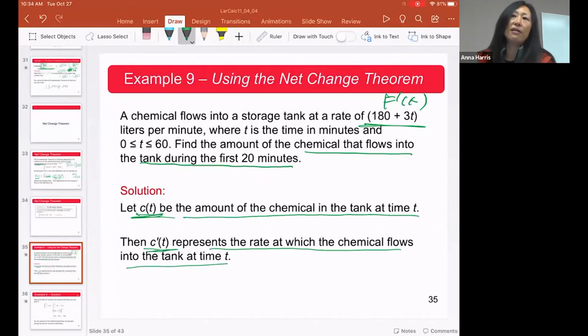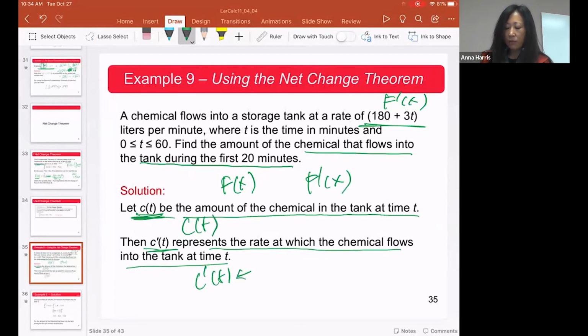They're just using a different letter. It doesn't matter. We've been using F of x, but now they say let's use C because it's a chemical. So they're going to use C of t, and C prime of t is the rate.